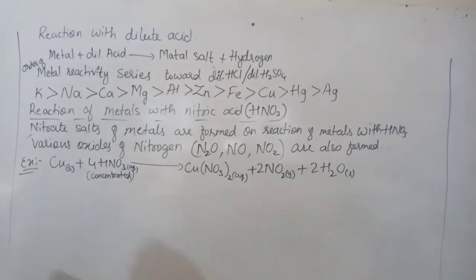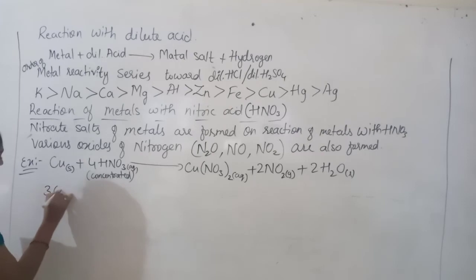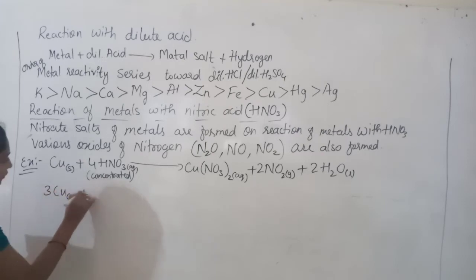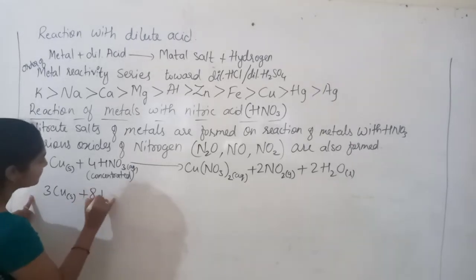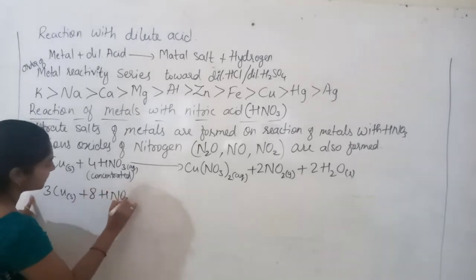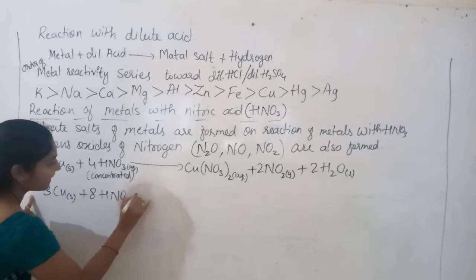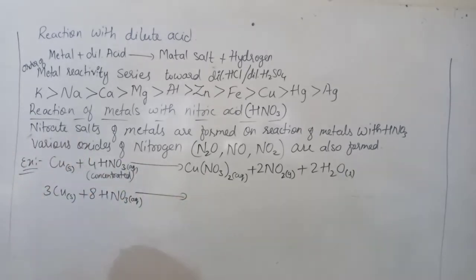Then if copper reacts with dilute HNO3, dilute nitric acid, what products are going to form?